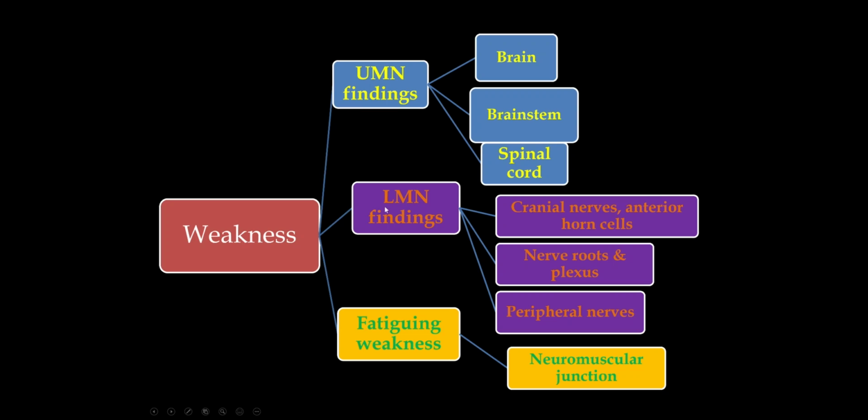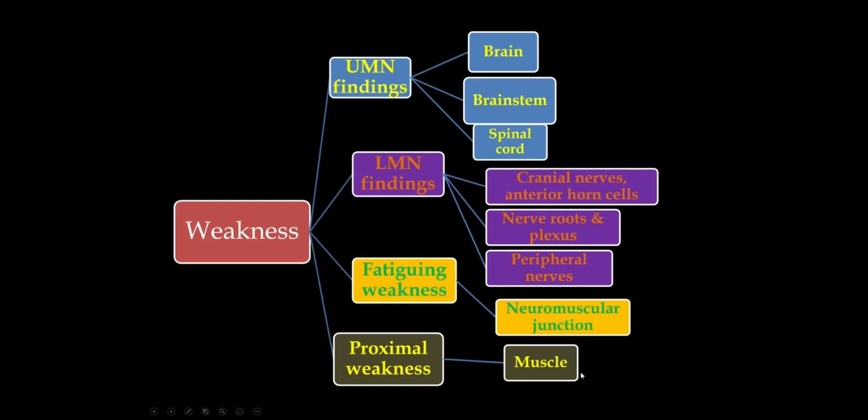Now, if the patient does not have upper or lower motor neuron findings, but instead the weakness consists mainly of a fatiguing weakness, so they may be initially strong, but then they get weaker as you keep checking, well, that would be classic for a neuromuscular junction lesion or disease process, like myasthenia gravis or Lambert-Eaton syndrome.